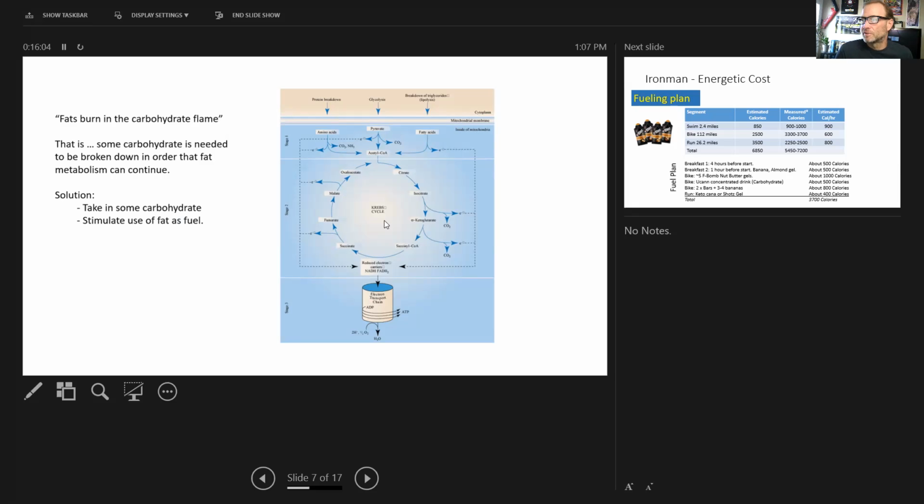And maybe I even need to set my training program up in a way that I'm training my body to use fat as a fuel, because there's plenty of calories on the body that I can transform to mechanical energy in terms of fat, not as much stored in carbohydrate. We went through that pretty well in chapter 2 of the book.